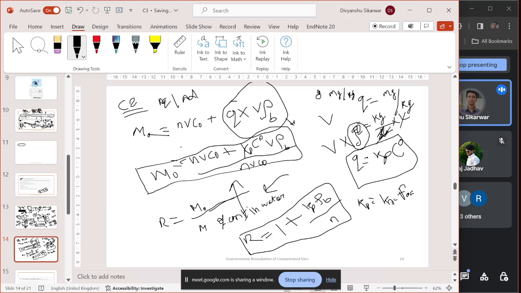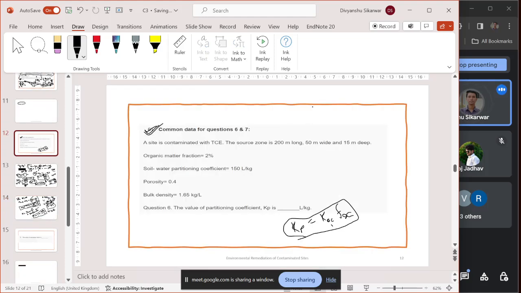Now we understand the concept, so you try to do this numerical. We have all the information to solve it. TC is the contaminant name. This is the length, breadth, and depth of the zone. So how will we use this information to calculate volume?